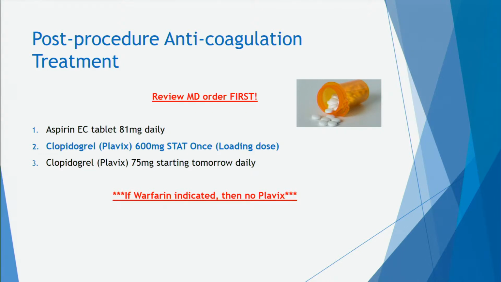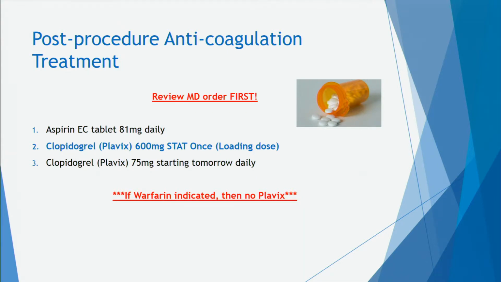Okay, so post-procedure anticoagulation, I'm just putting review MD orders first. Usually when they come to the unit now, one of the first things we're talking about is, did they get a loading dose of Plavix, or is that something that we need to try to get in the first couple of hours as they're waking up? So that'll be one of the first things that you want to know when they arrive in the PACU: did they already give something or a loading dose while they were in the cath lab, or do you need to be planning to give that immediately post-op?